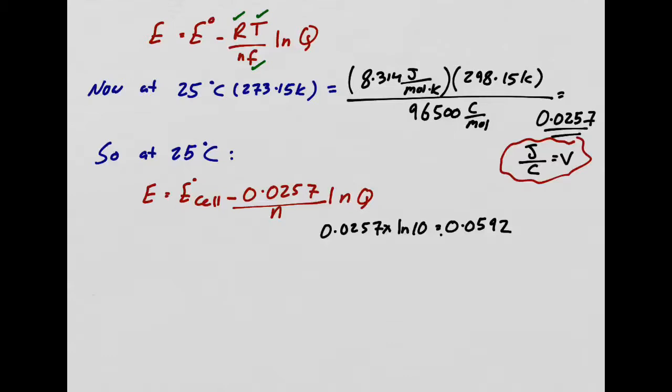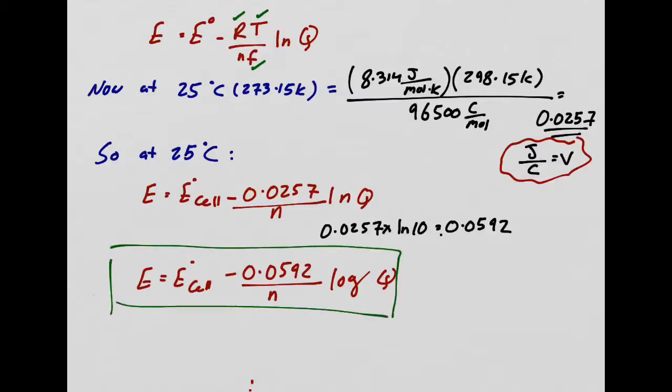Okay, so if I do that, E is going to be my E cell potential minus 0.0592 over n log of Q. I didn't want ln, I wanted to convert it to log, and I just did that. Now this is the equation that I want you to circle.